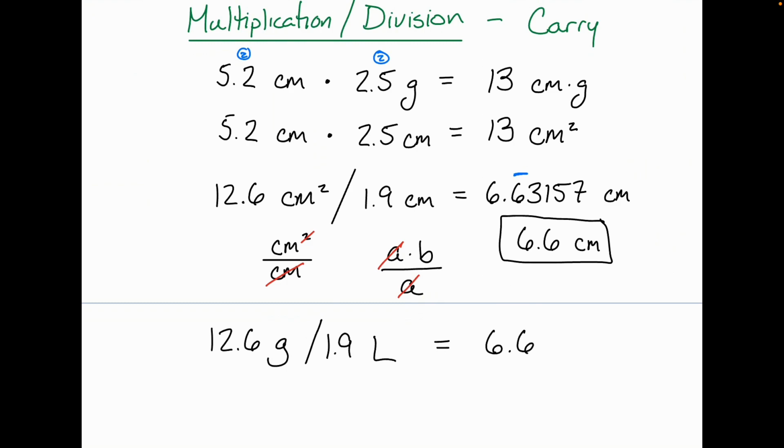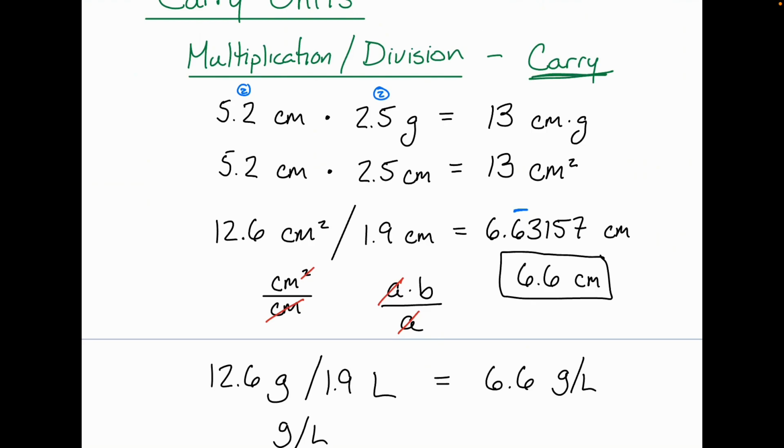But now what are my units? Grams over liters. Nothing canceled out, right? So I just combine everything together. Grams divided by liters, nothing cancels out, so my units are grams divided by liters. All right, so for multiplication and division, our units carry throughout our calculation.